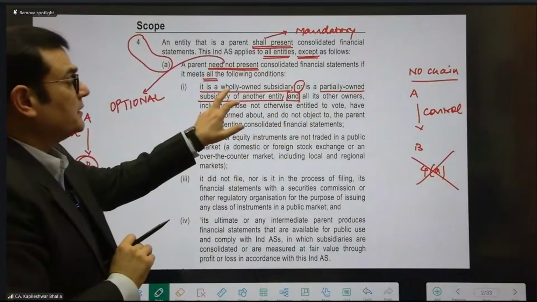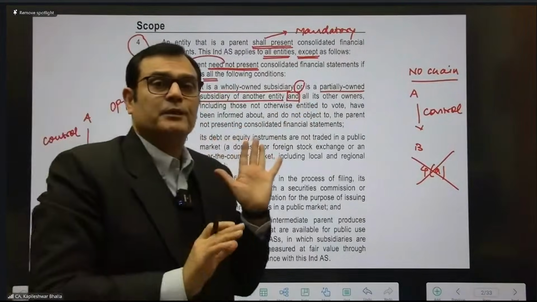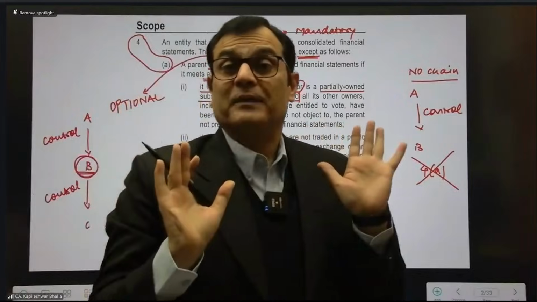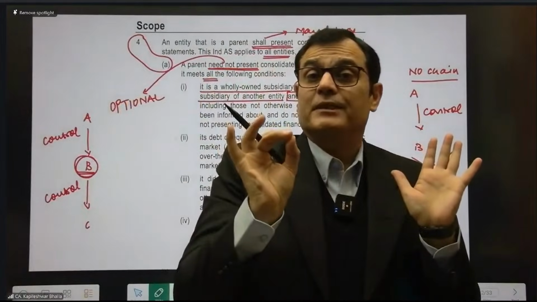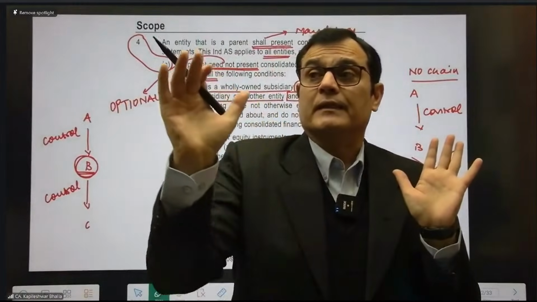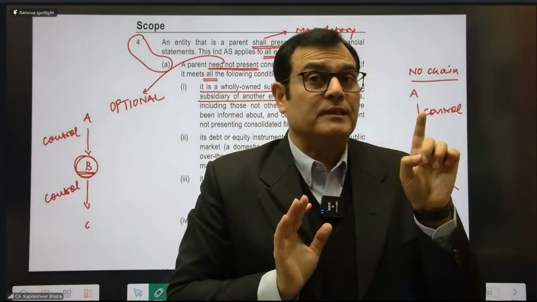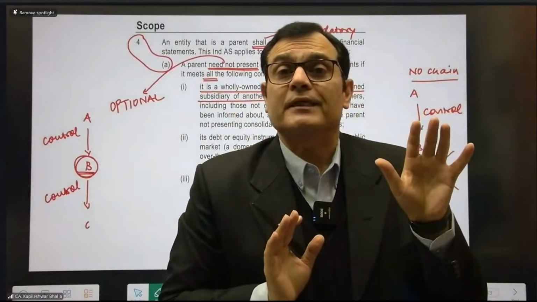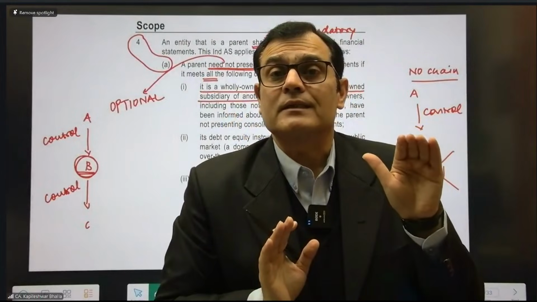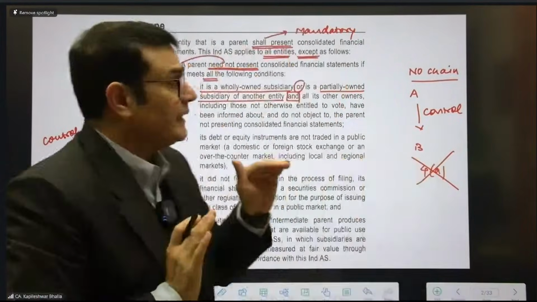When you say that it is a wholly owned subsidiary, condition 1 is met. Let's make it very clear. If B is a wholly owned subsidiary of A, condition 1 is met. But if B is a partly owned subsidiary of A, the condition is not met. There's another sub-condition to be met. And what is that?